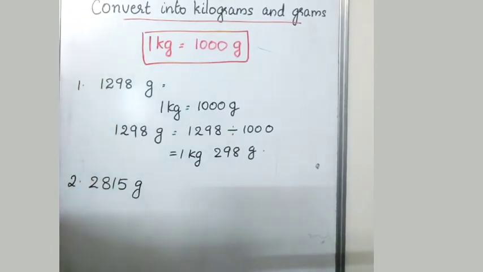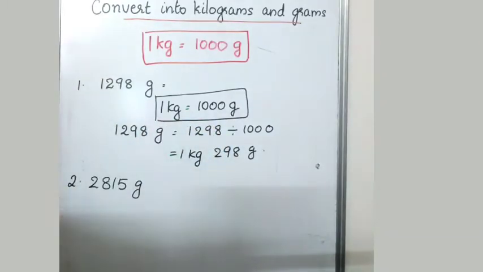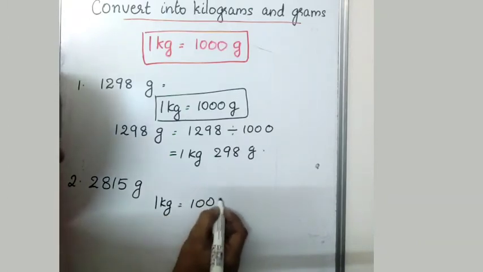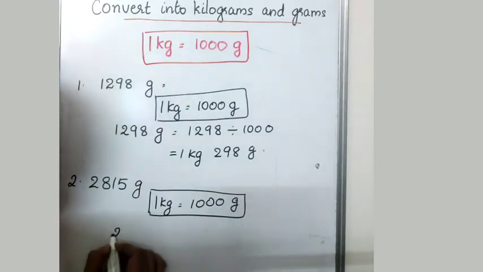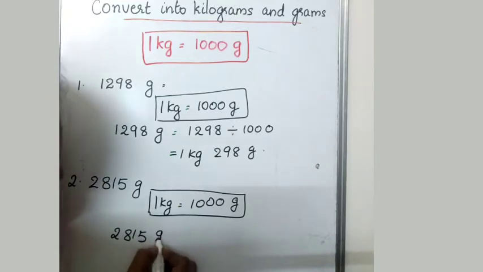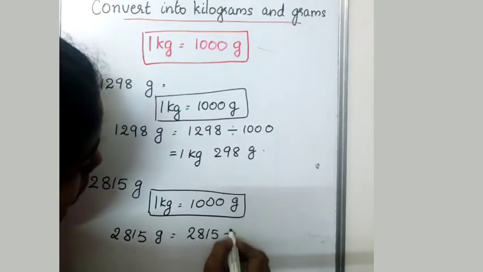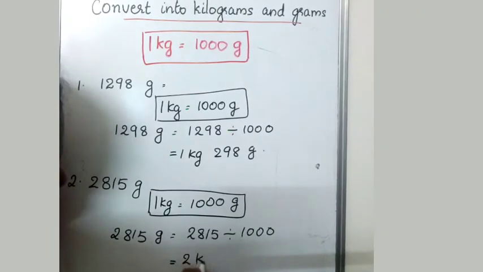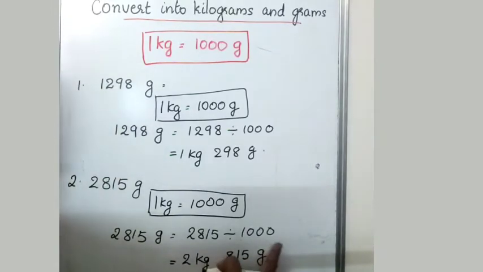Second question. 2815 gram. We know that for every question you have to write the equation. 1 kilogram equal to 1000 gram. 2815 gram equal to 2815 divided by 1000 equal to 2 kilogram 815 gram. 3 zeros, so count 3 places.